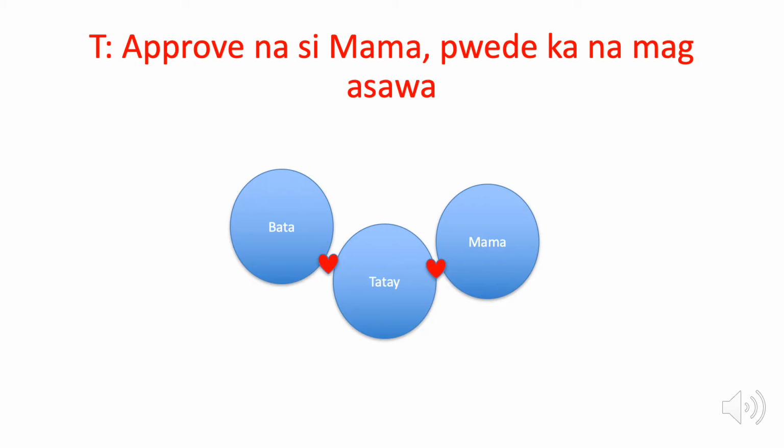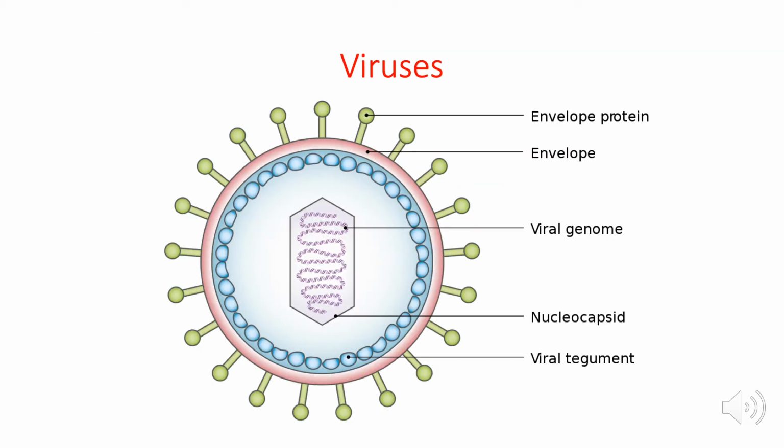So even if the B cell can present the antigen to the T cell, the T cell will still wait for the macrophage to present the same antigen before the T helper cell will activate the B cell to become a plasma cell and produce antibodies.